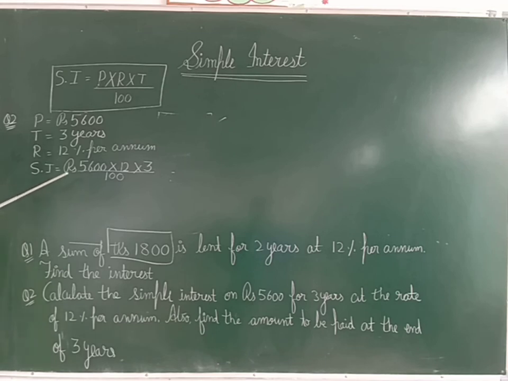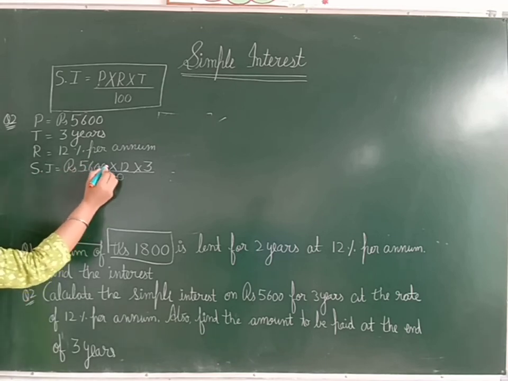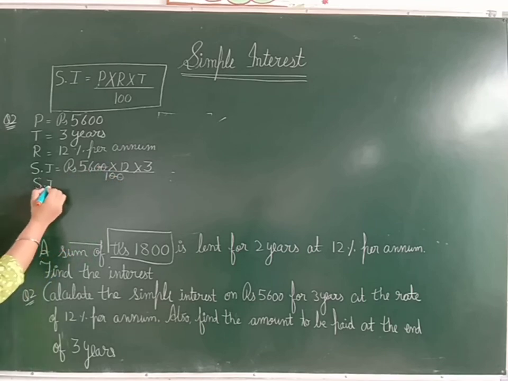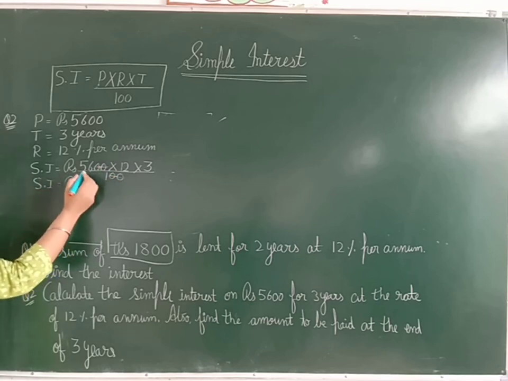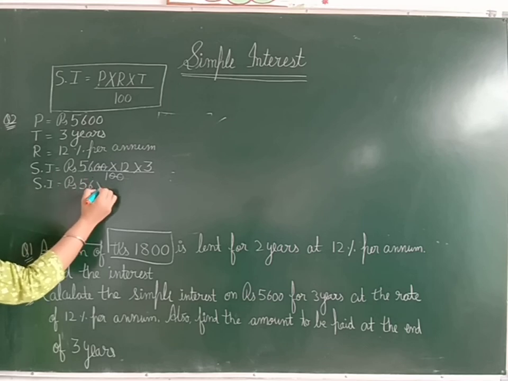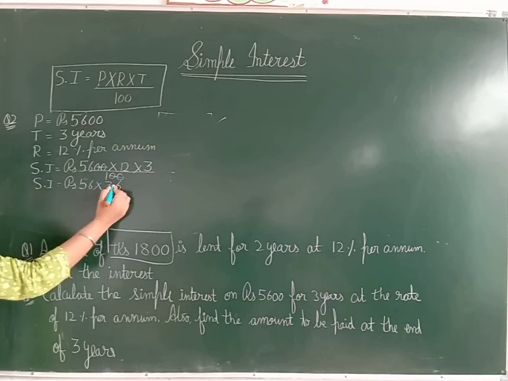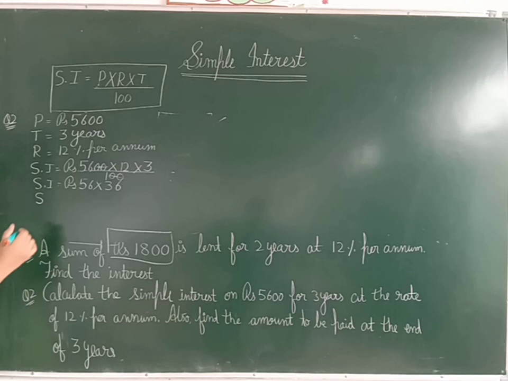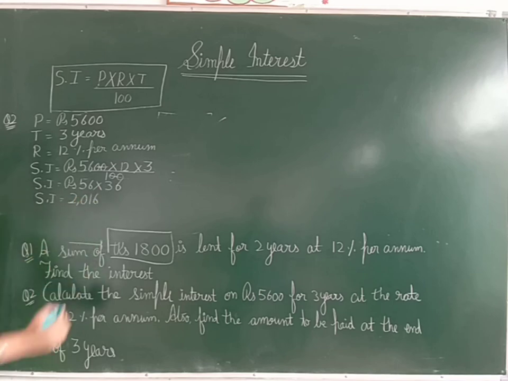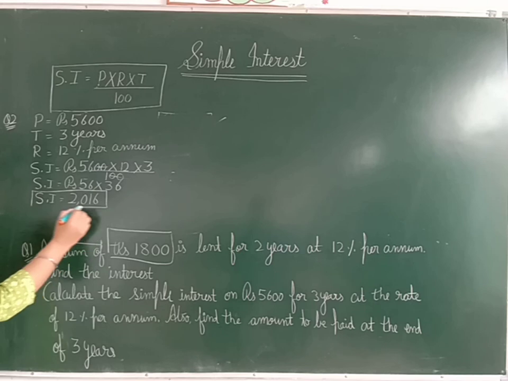Now calculate it. 20 will be cancelled by these two. And now 56 into 36. So simple interest in this case is 2016. Right.